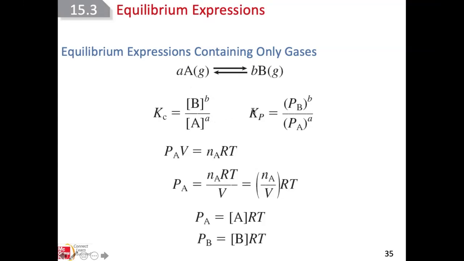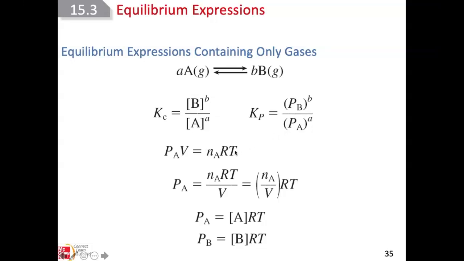But I also can calculate the Kp for this reaction if I know their pressure at equilibrium: the pressure of the B product raised to the power of its coefficient over the pressure of the A reactant raised to the power of a.